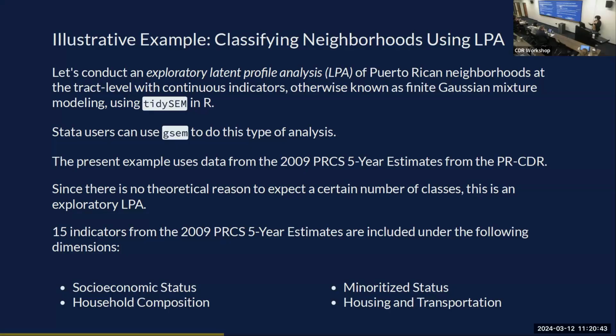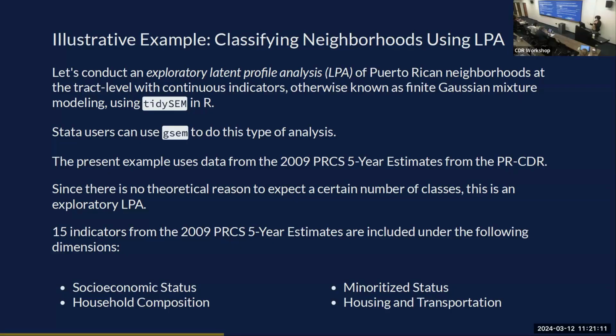So for the present example, I'm going to use some of the data from the Puerto Rico contextual data resource that I have been creating, because one of the frustrating things as a population health researcher who also focuses on Puerto Rico is that there's not much data, or there are gaps in data, for Puerto Rico. So I had to put this data together myself. I'm going to take one of those data sets, the 2009 PRCS, which is the Puerto Rican Community Survey 5-year estimates.